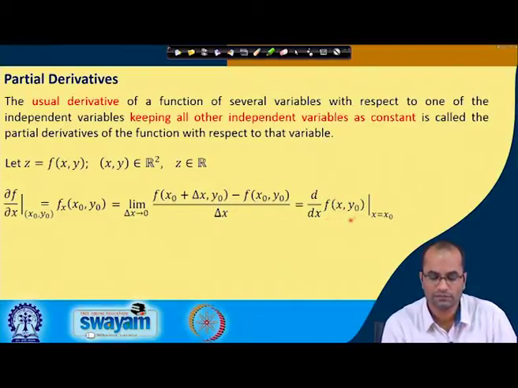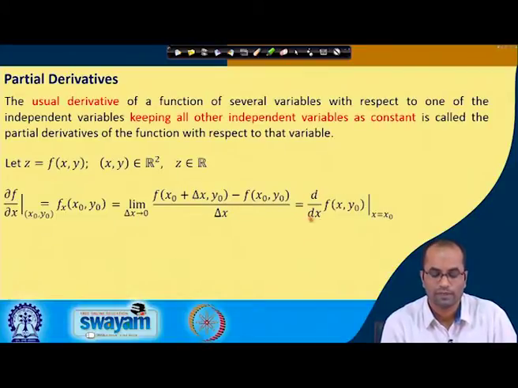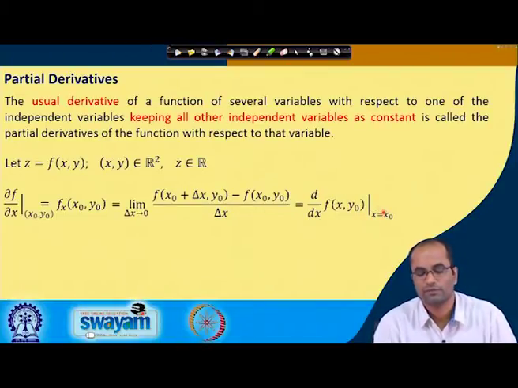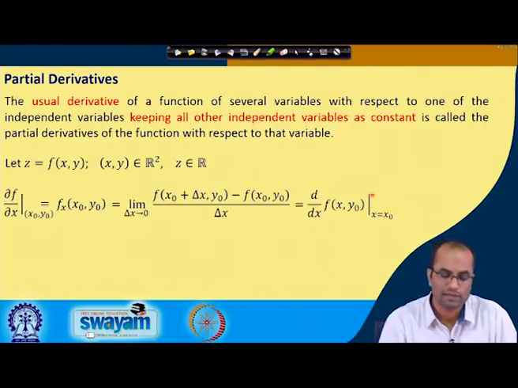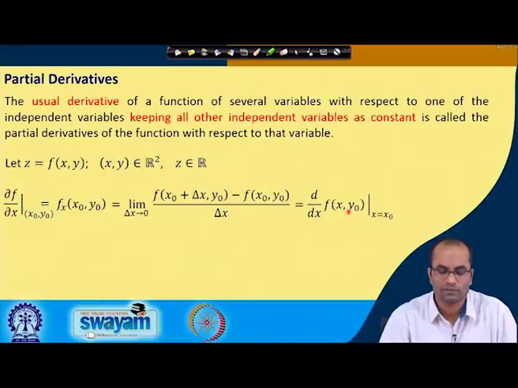Now, because we have substituted y0 in the function, it becomes a function of one variable x, and we can take the derivative with respect to x, and later substitute x equal to x0. So, it is a usual derivative d over dx of this function, which is a function of x because we have substituted y equal to y0, the constant value of y.